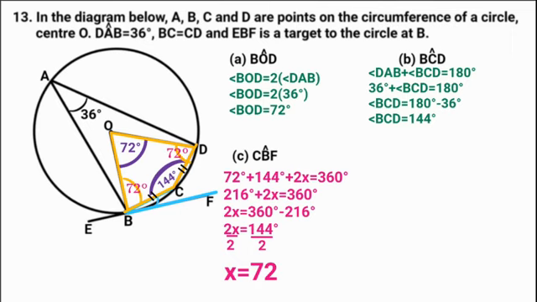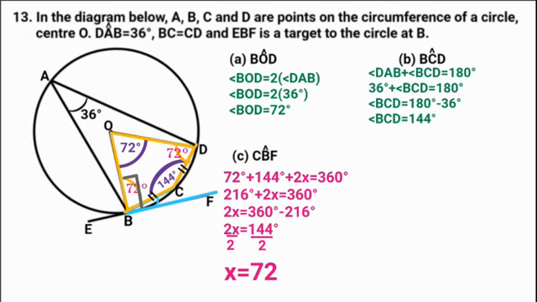If I draw this line, that means line EBF is perpendicular to line OB. So where these two lines meet, they form a 90 degrees angle.